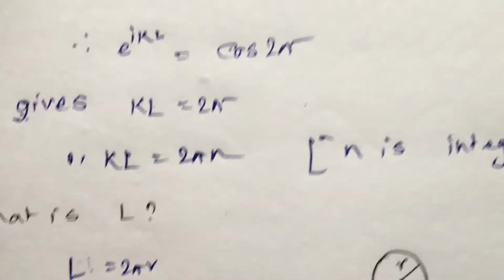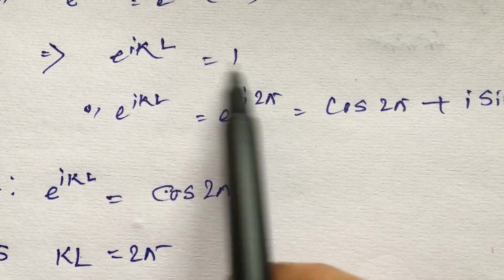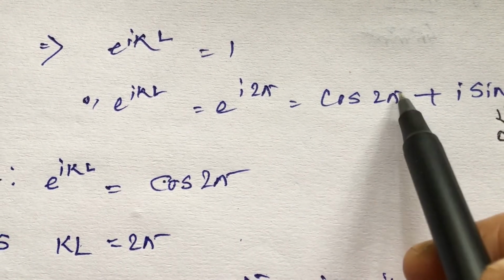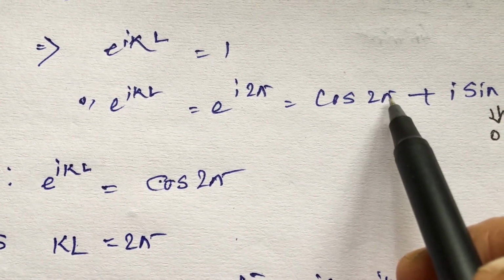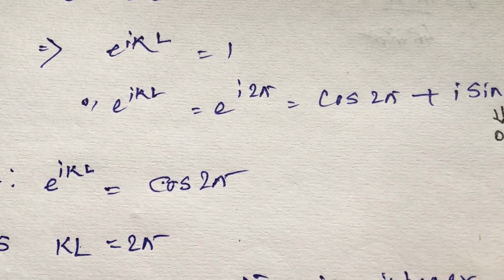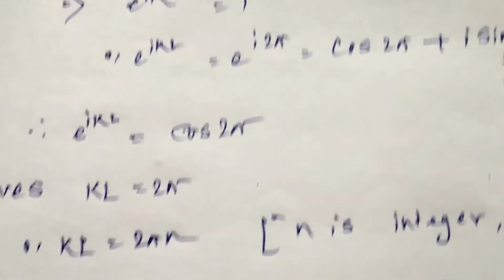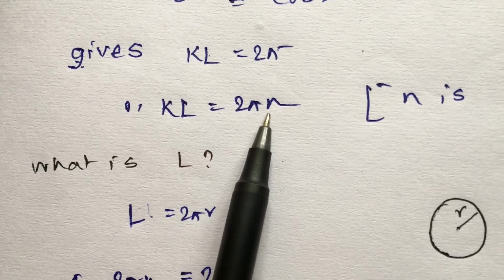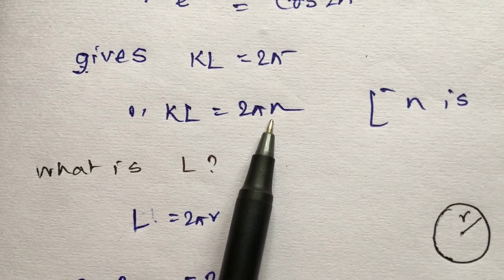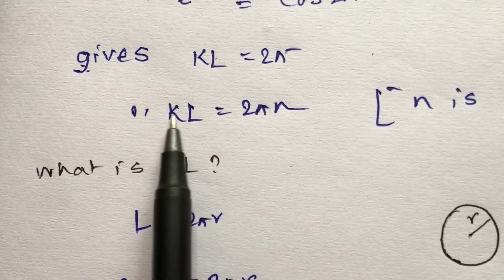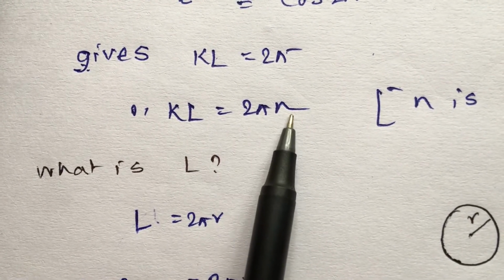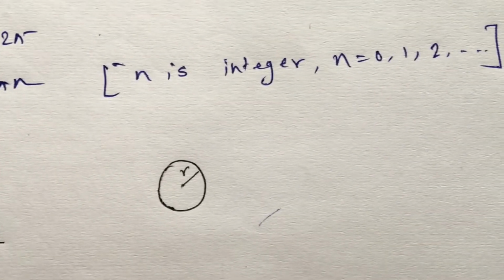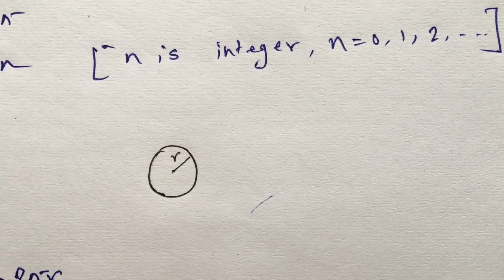This will hold if theta is equal to 0 or twice pi or 4 pi or 6 pi, etc. So I can write kL equal to twice pi n, where n is an integer, of course. n can take value 0, n can take value 1, because then kL equal to twice pi. n can be 2, because then kL equal to 4 pi. It could be 3, and so on. These are the integer values n can take.